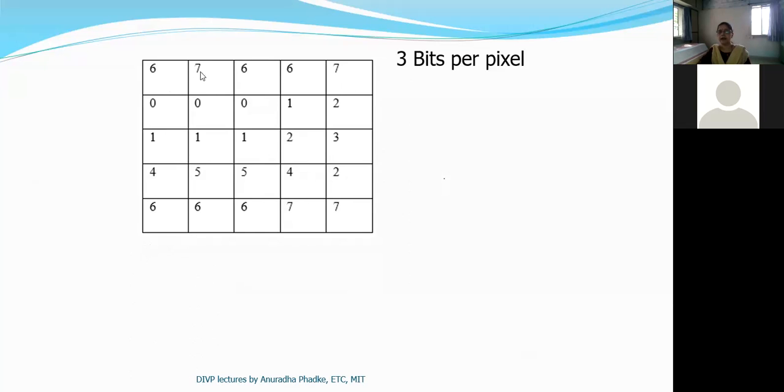Then collect middle bits of all the pixels to get the binary plane equivalent to middle bits, and then collect least significant bits of all these pixels to get the binary plane corresponding to least significant bits.